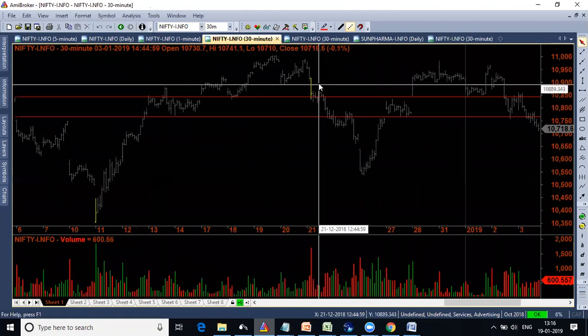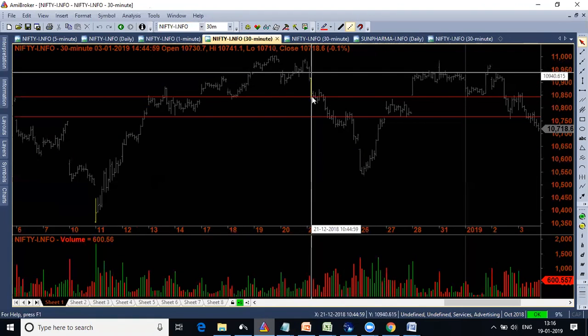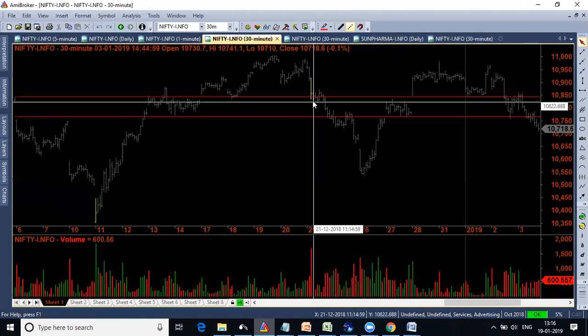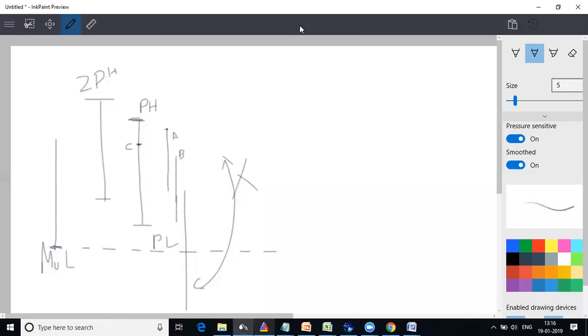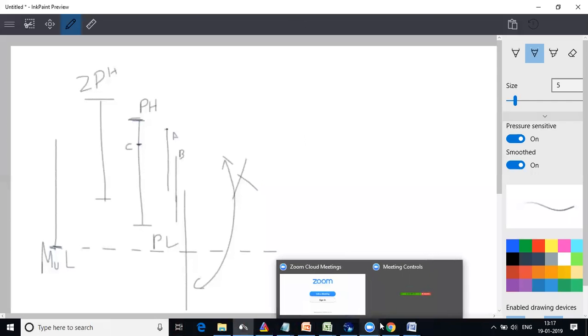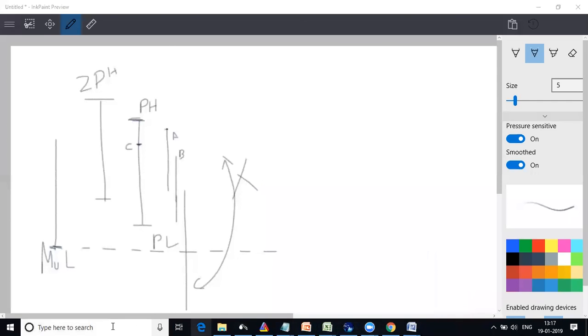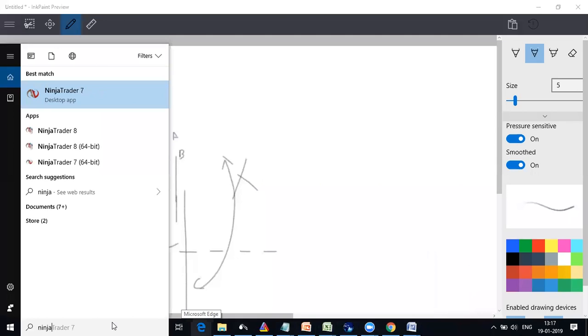Yeah, here: 1, 2 and 3. There was a serious breakout. I'll show you. It's kind of an open drive. If you look from the profile perspective, you'll see something like this.